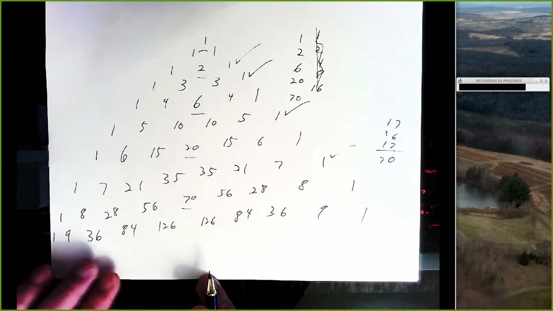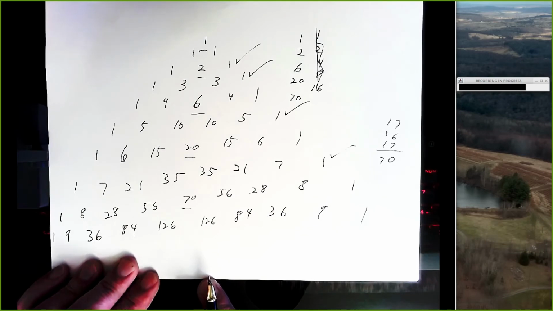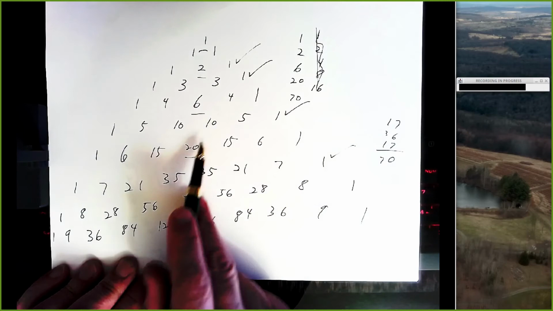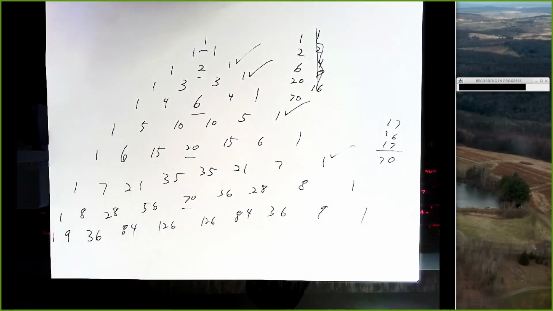So the rows where every internal number is divisible by the row number look like 2, 3, 5, 7, but not 9. And I'll give you a hint, the next row where this works is row 11. So what's the relationship between those rows, 2, 3, 5, 7, and 11? Prime. They're prime numbers.